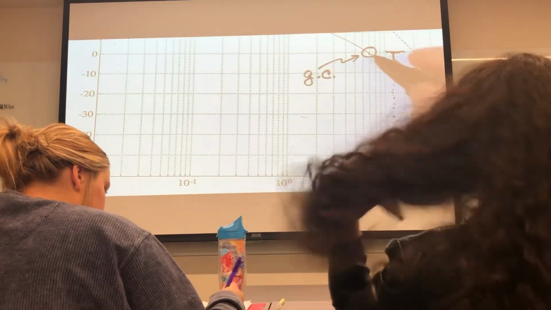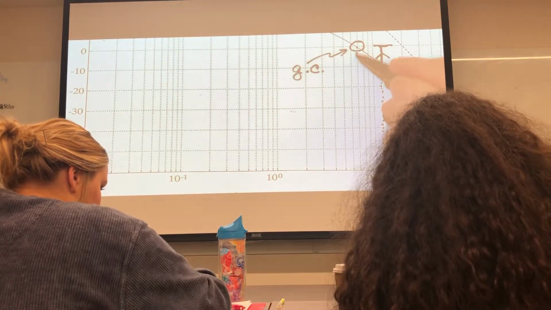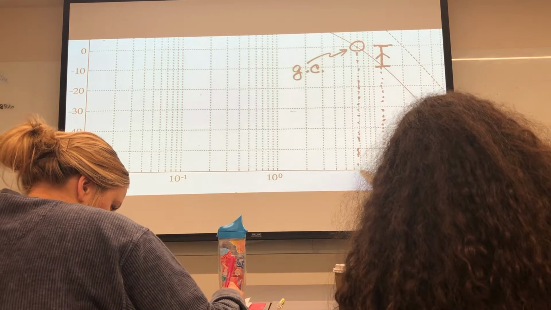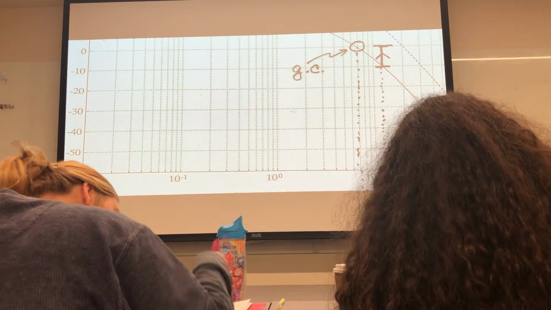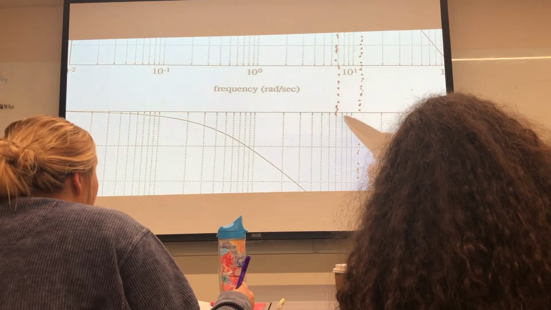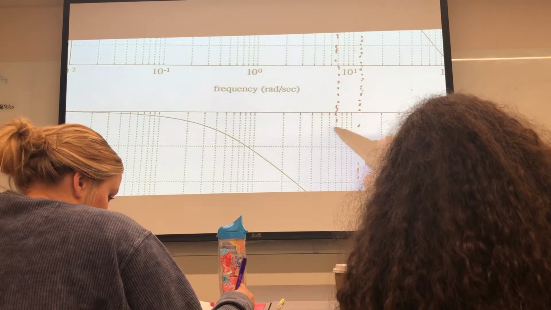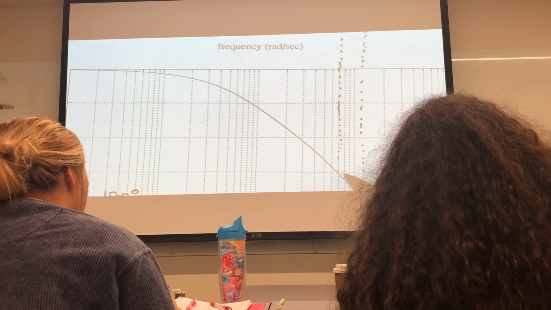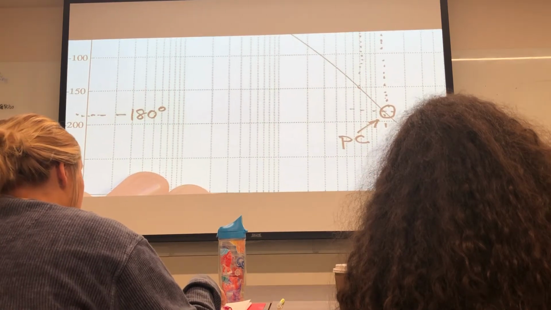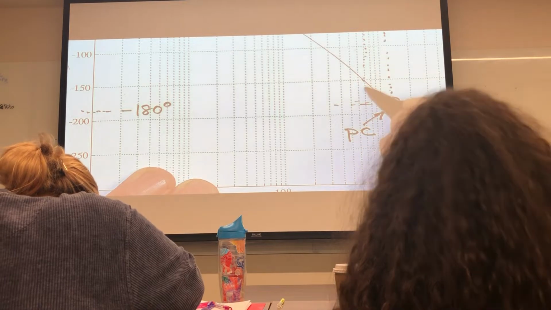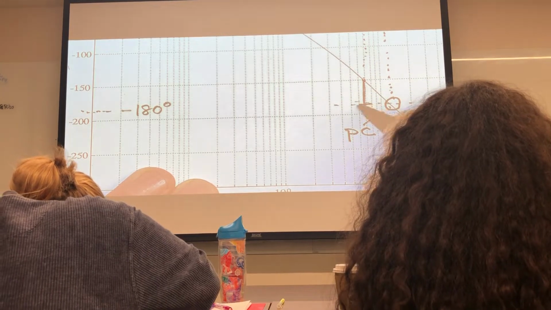And now we drop this line down into the phase. Okay, MATLAB's going to do something very similar for us. 10, 9, 8, 7. Let me be sure I'm on the right dashed line. There it is. We hit the phase curve. And then what we want to do is, this is the phase margin.